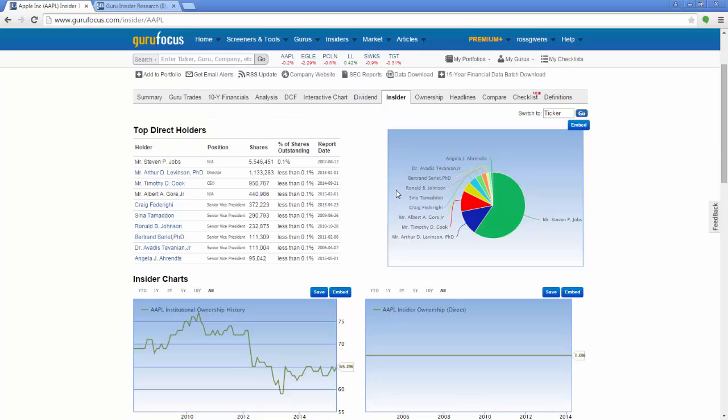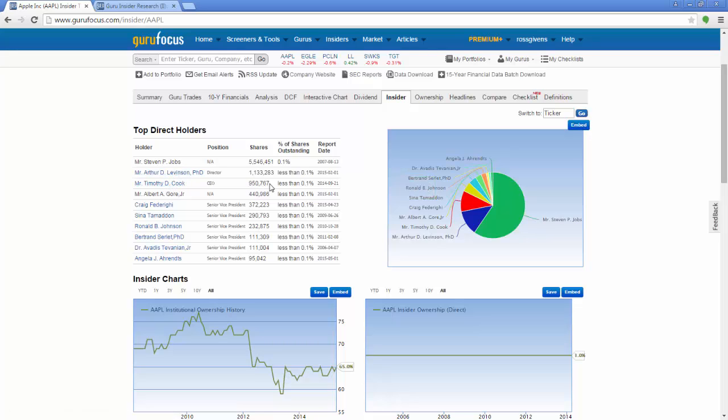One, it's going to show you who these insiders are. Who owns how much of this stock? As you can see, the top holder, Mr. Stephen Jobs, God bless his soul, owned 59.7% of the shares owned by insiders. It goes down the list, giving you the name of the position. We've got Tim Cook here.